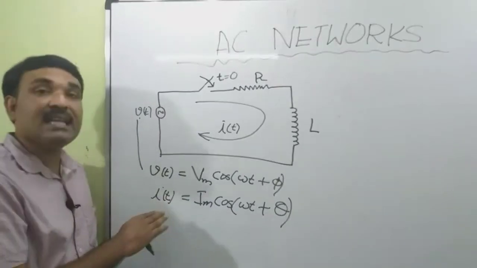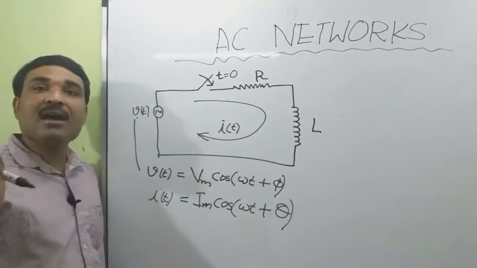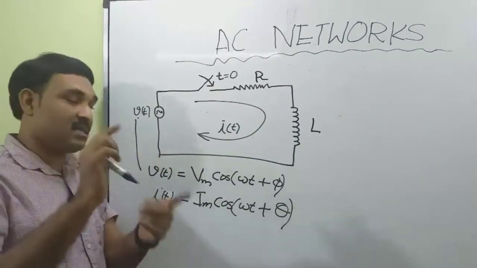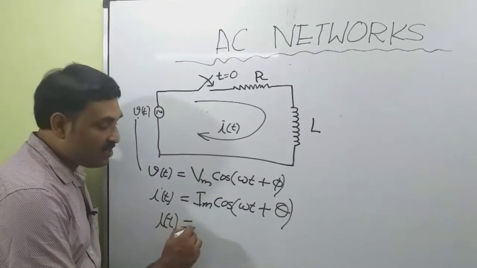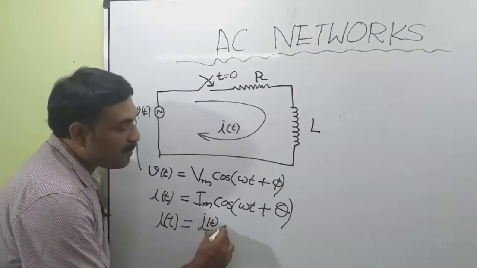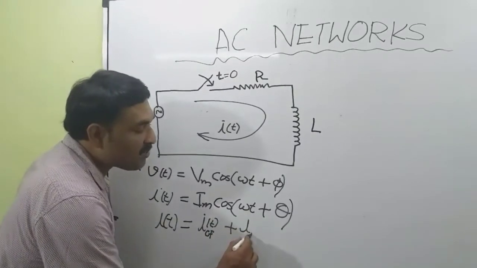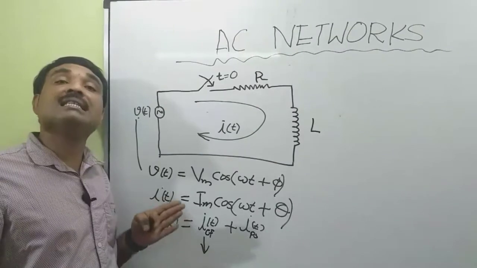Now we want to find the current i of t for this network. I told you i of t comprises two parts. We can write i of t equal to i complementary function plus i particular solution. This complementary function is also called the transient response.